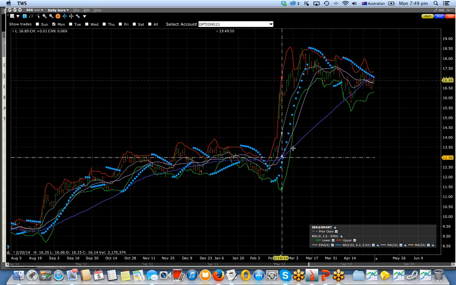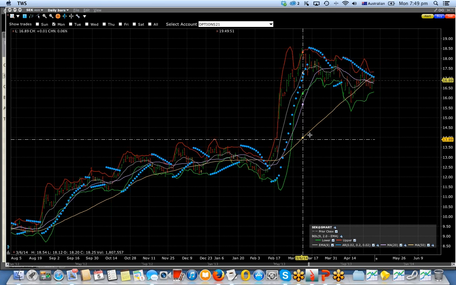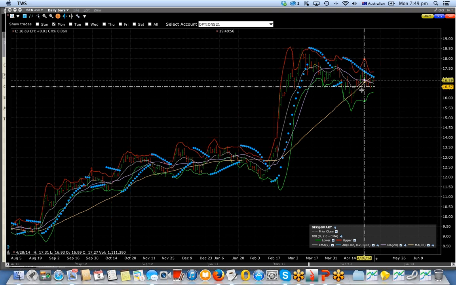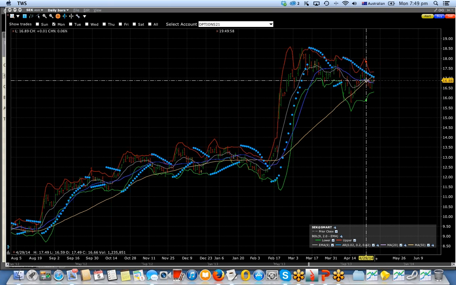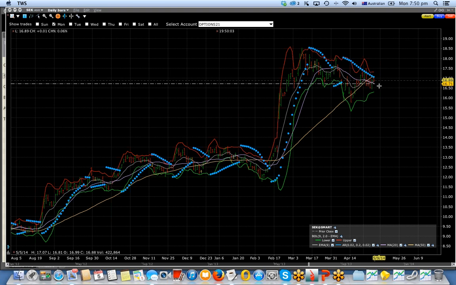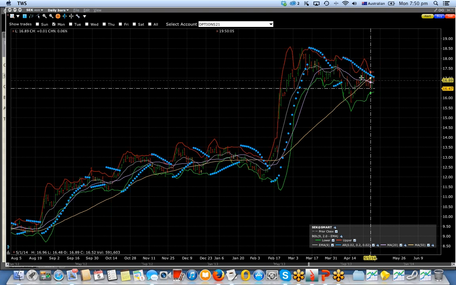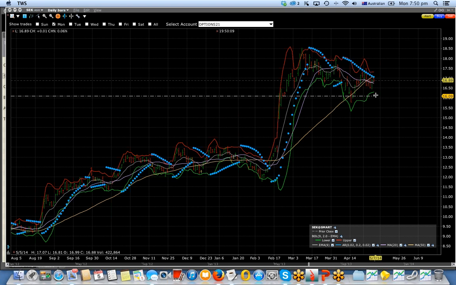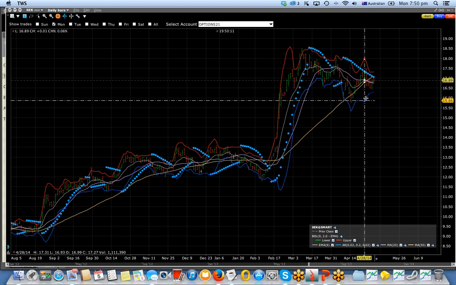All right, so this solid line is the moving average 50, and you can see it's just crossed the moving average 20. Okay, and potentially that's not a good sign, but we've got other indicators showing support here: Bollinger Bands, this green showing support.